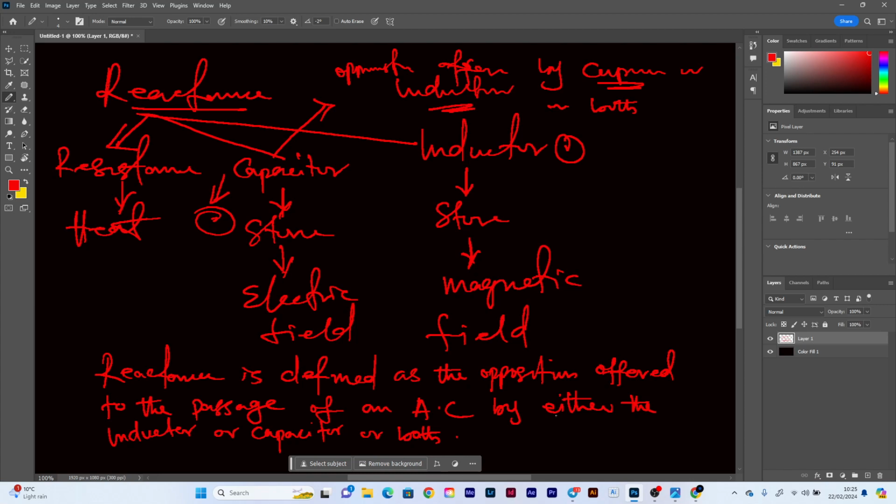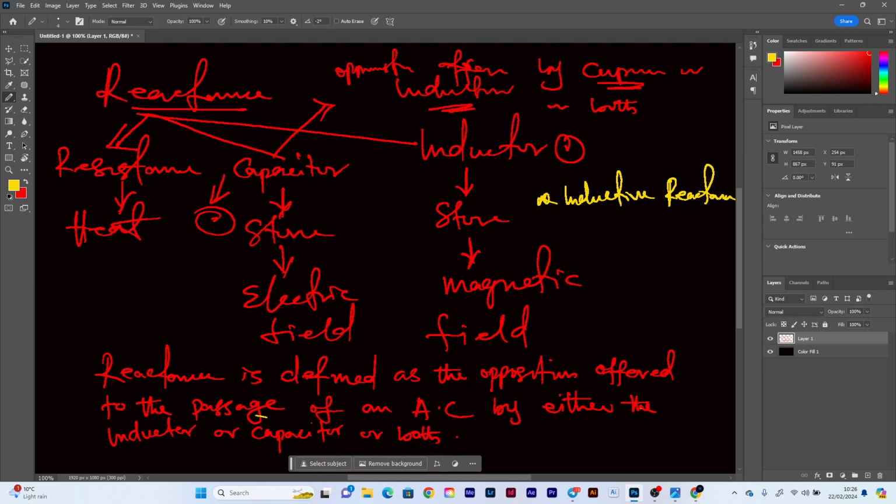So you might be hearing words like inductive reactance or capacitive reactance. What's the difference between the two? What inductive reactance simply means is the opposition in a circuit that contains only an inductor. If somebody says define inductive reactance, just come to this definition and say inductive reactance is defined as the opposition offered to the passage of an AC by an inductor.